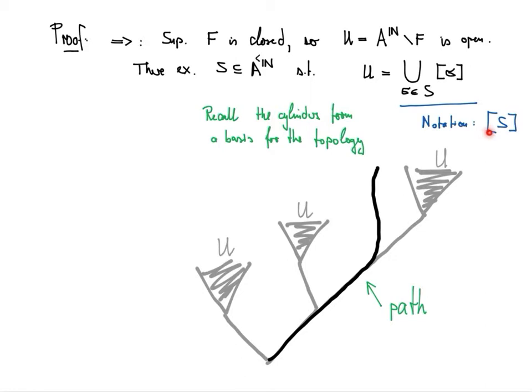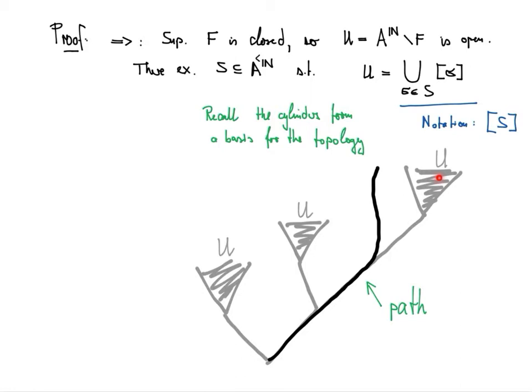Namely, the square bracket notation [S] means the open set generated by the strings in S. So in this illustration, this would be a string in S, this would be a string in S, this would be a string in S. And all the extensions, the infinite sequences that extend any of those strings, go into U. All of these cylinders together make up our set U.